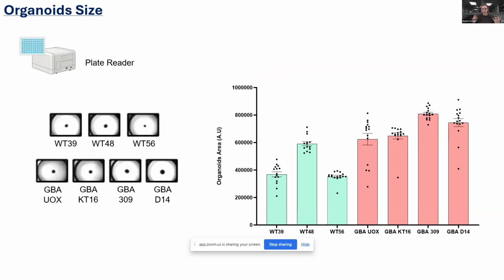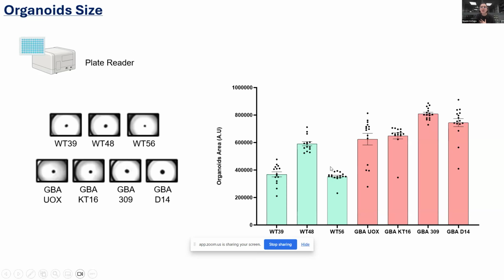So as a first thing, we checked the consistency of our organoid size between our different cell lines, as it could be that the size could be related to some cell death. Sometimes that is what we noticed in the team. So here we use the plate reader with an objective microscope, with a not super great resolution, not like a confocal, but it's enough to check the surface and the area of the organoid and to establish the size.